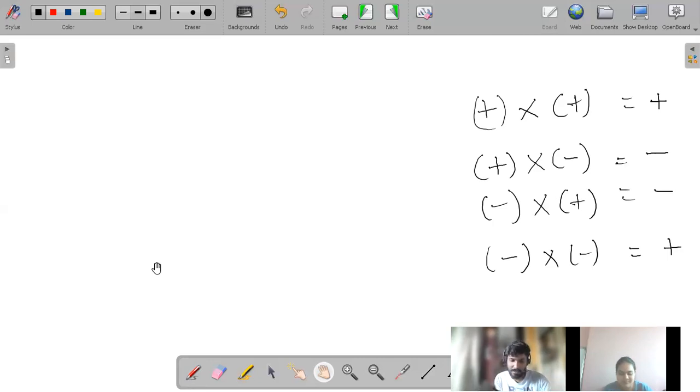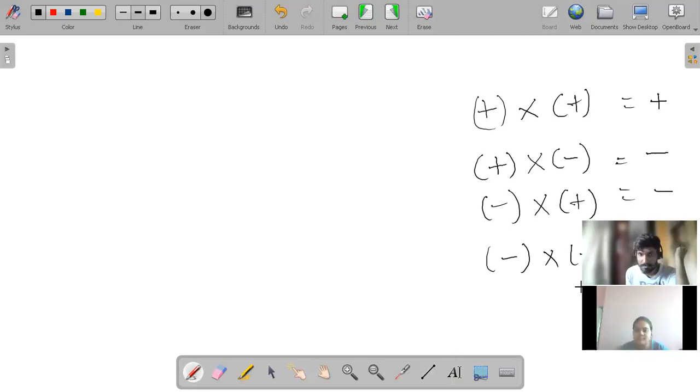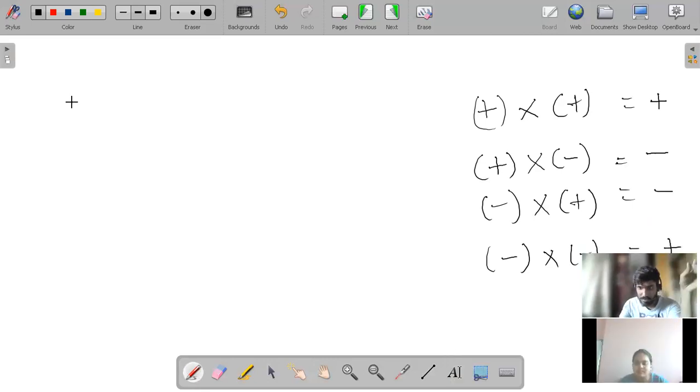It's a very basic, simple example taken from children. Suppose a child does some work. The work can either be a good work or a bad work. I'll write here good work or bad work.